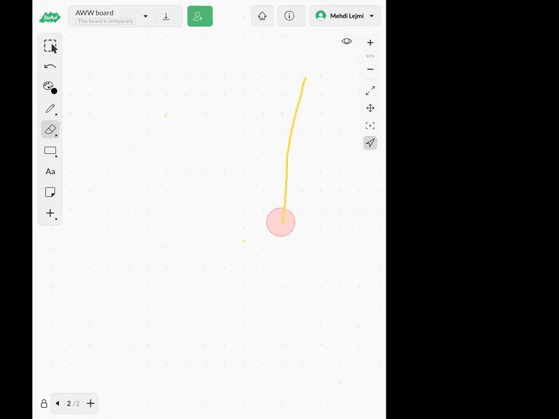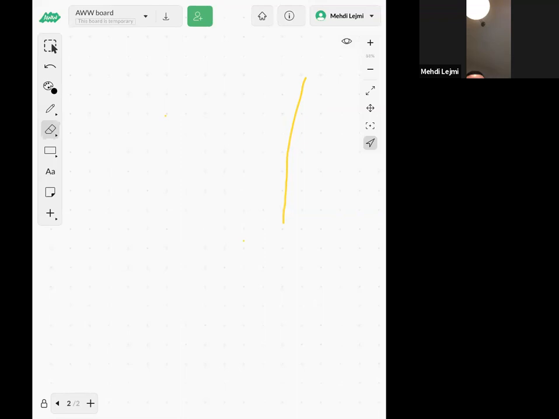There's yellow spots coming on the screen now. I'm sorry, guys. I'm going to stop sharing and then share the board again, because it's annoying. I'm sorry about this.